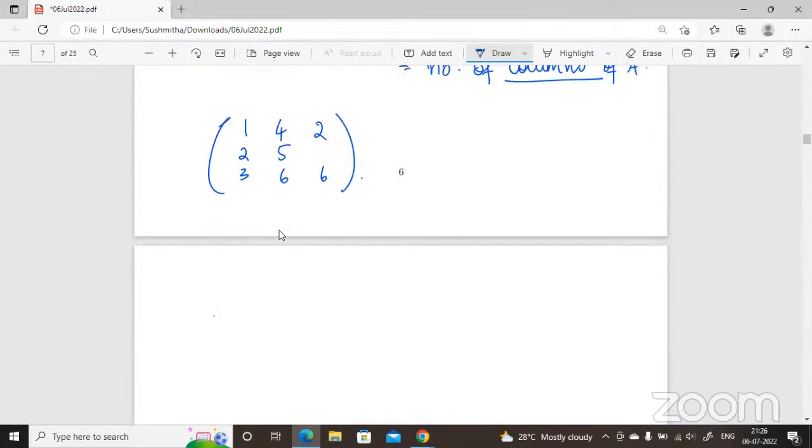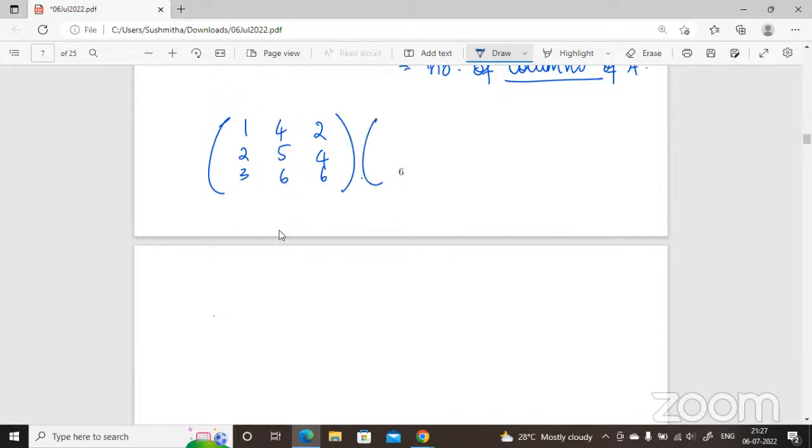These two columns are linearly dependent and these two columns are linearly independent. So the rank is 2. We already did REF and got the number of non-zero rows to be 2, right? Yes.